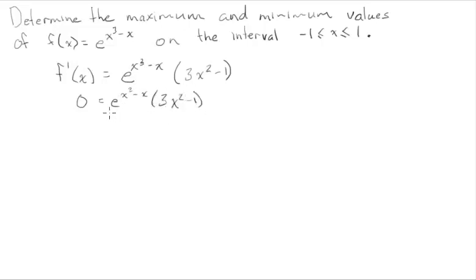So this is the product of this exponential and this quadratic here. It's equal to 0. So an exponential is never equal to 0. So you could just look at when the quadratic is equal to 0. Solving for x.